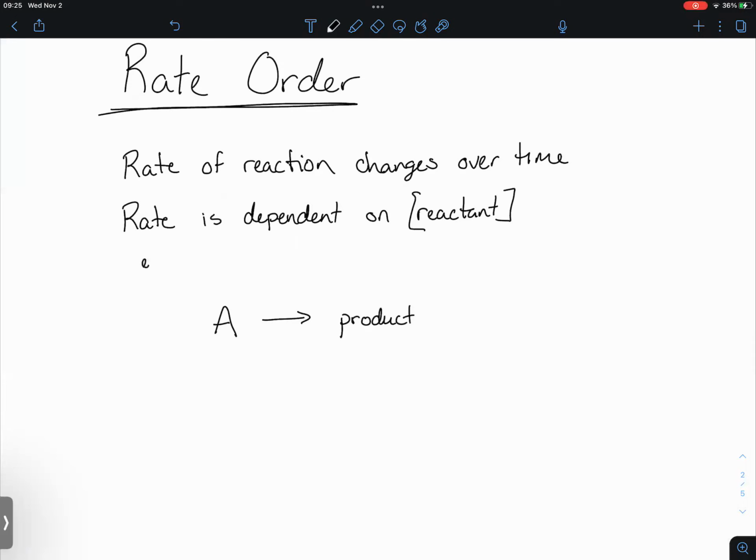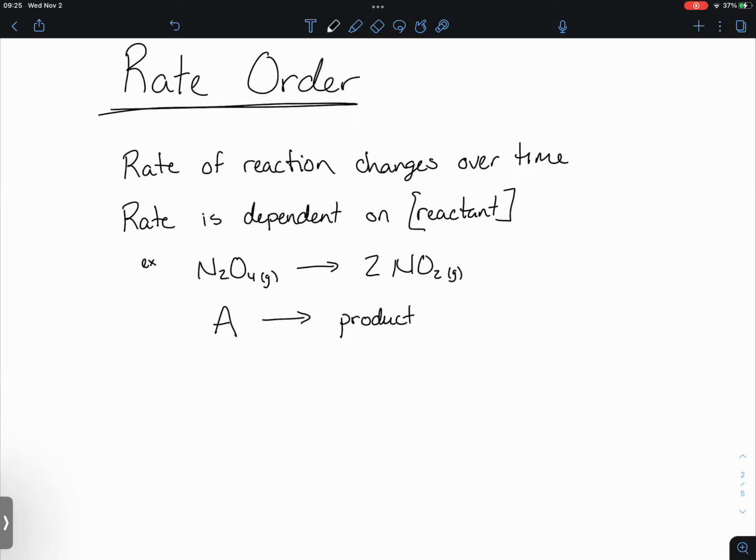All right, so an example would be one that we ended with last class, actually, the decomposition of dinitrogen tetraoxide. This would be an example of a unimolecular reaction. You only have this one reactant decomposing into the products.